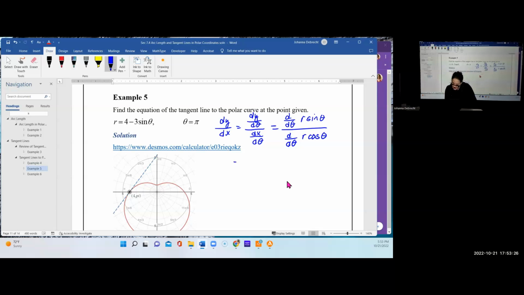So this is going to give me dr d theta sine theta plus r cosine of theta over dr d theta cosine of theta minus r sine of theta.